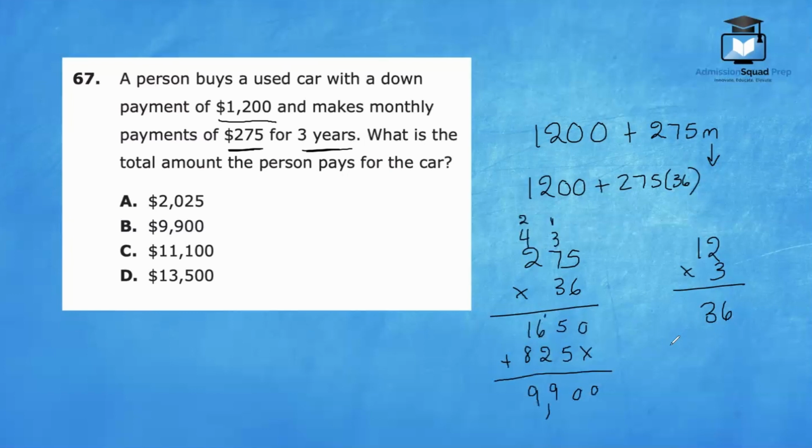We will then add in the initial down payment. So that is $9,900 plus the down payment of $1,200. So let's see what we have. 9 plus 2 is 11, 9, 10, 11 as well. So in total, this person paid $11,100. So C is the correct answer.